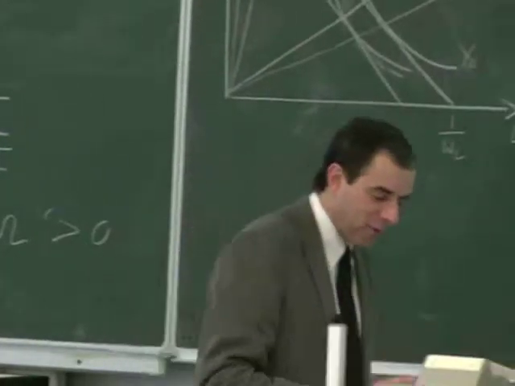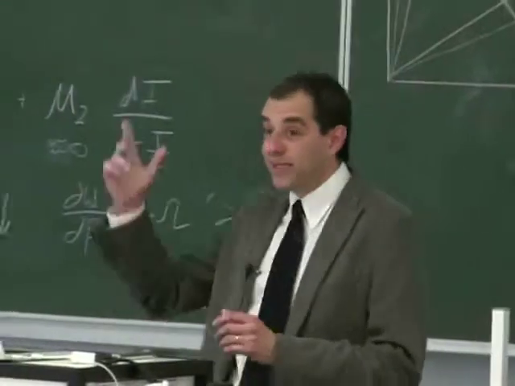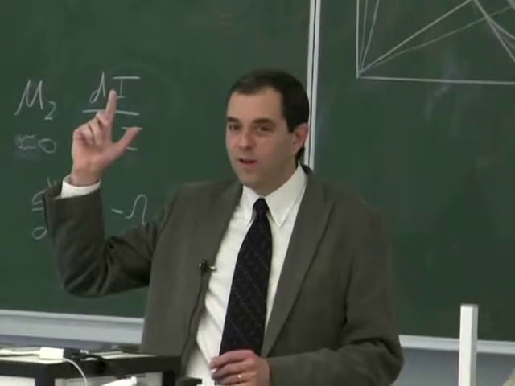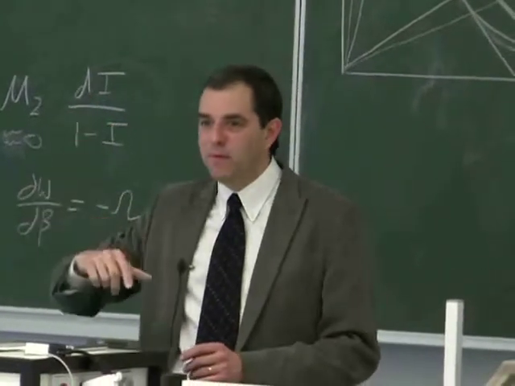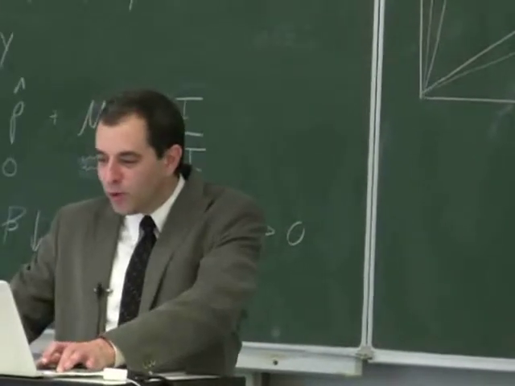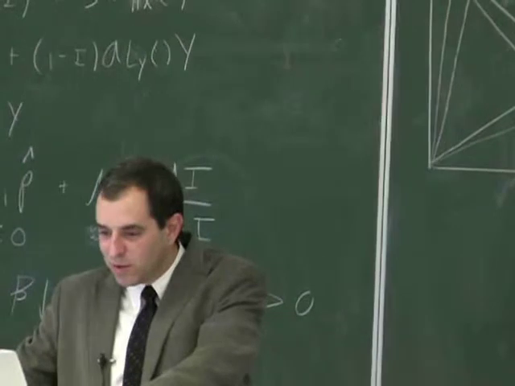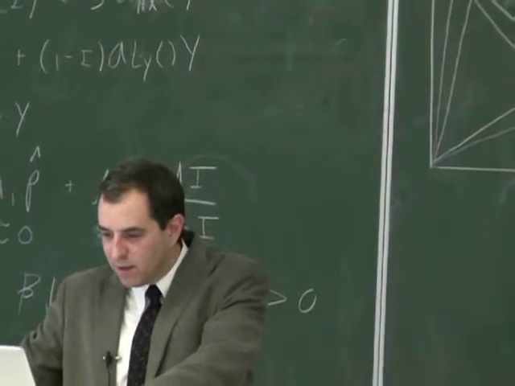So don't feel you have to vote for that one. But who would like to see the Desan and Santos paper? Who would like to see the other paper? Okay, other paper it is. My lecture notes on Desan and Santos are available.